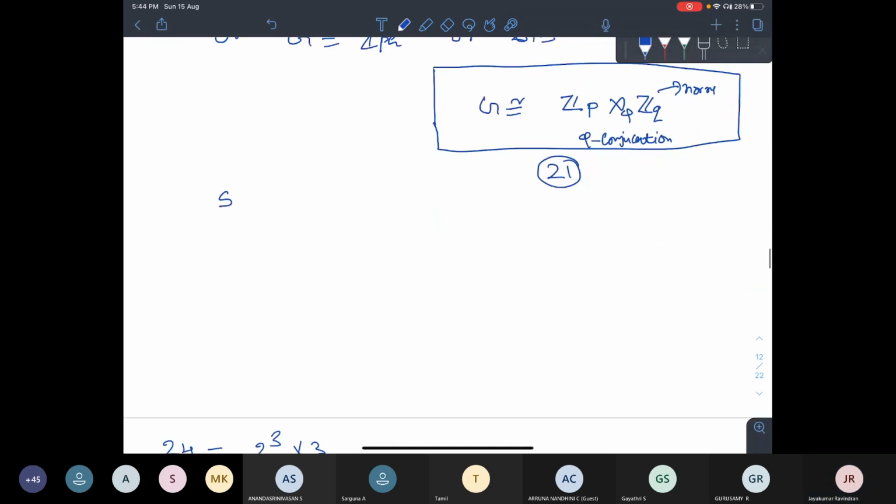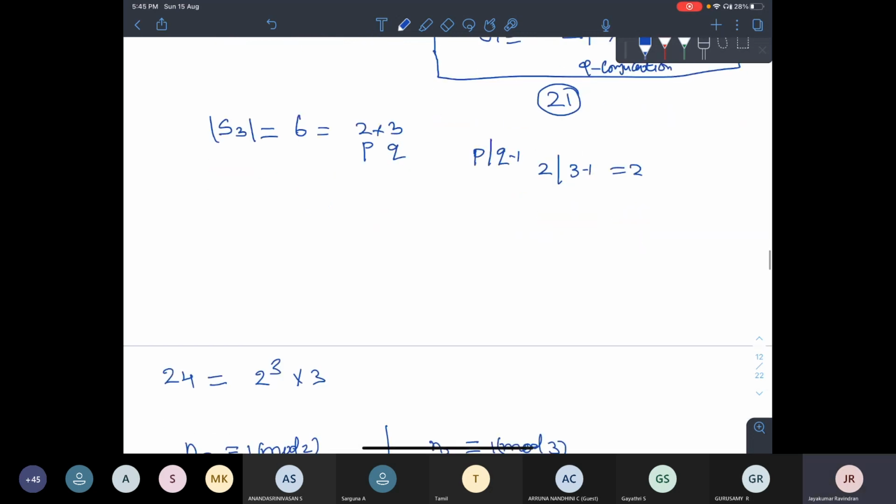A very simple example is S3. The order of S3 is 6, 2 into 3. This is P, this is Q, and P divides Q minus 1, right? 2 divides 3 minus 1, which is again 2. So this says that we have a normal subgroup corresponding to 3, and this can be recognized as a semi-direct product.